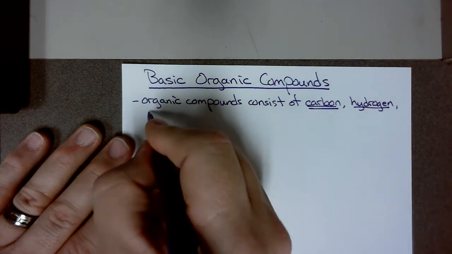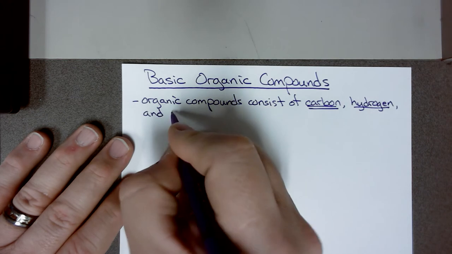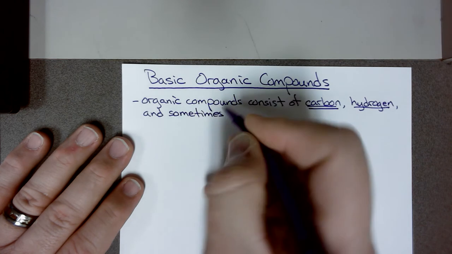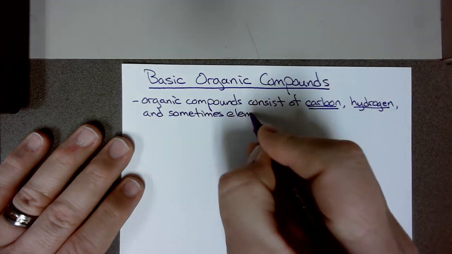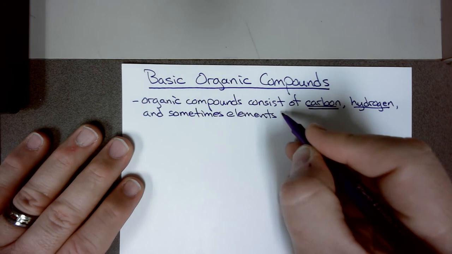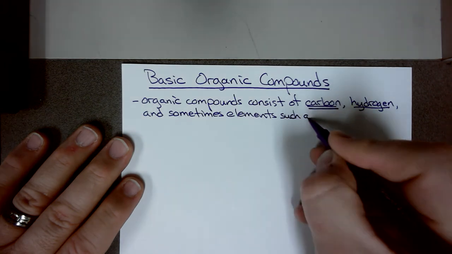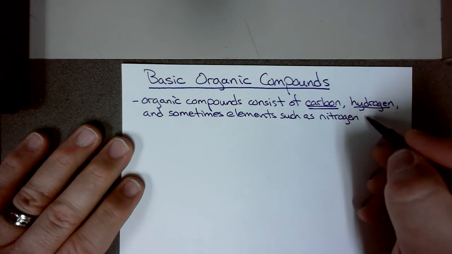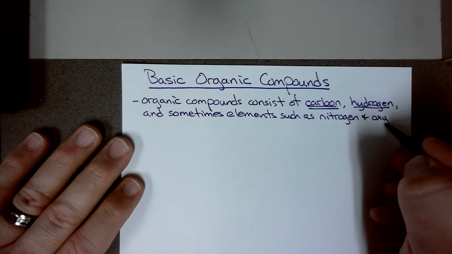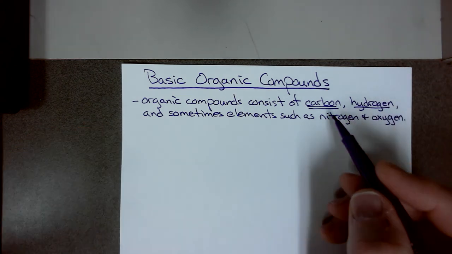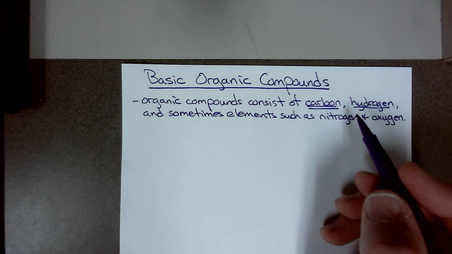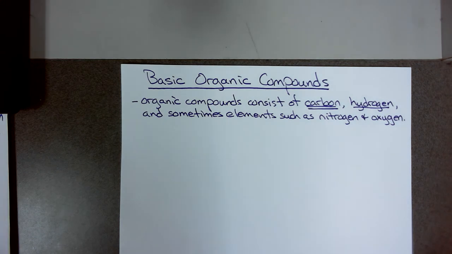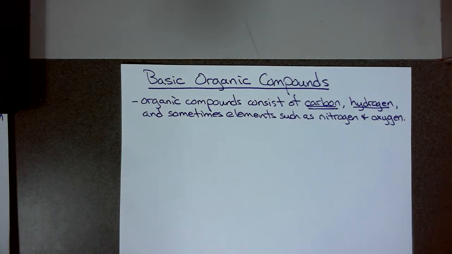Then sometimes other elements such as nitrogen and oxygen. But what's really important is that if you have carbon and hydrogen, you definitely have an organic compound. So we're going to do just basic nomenclature of organic compounds.